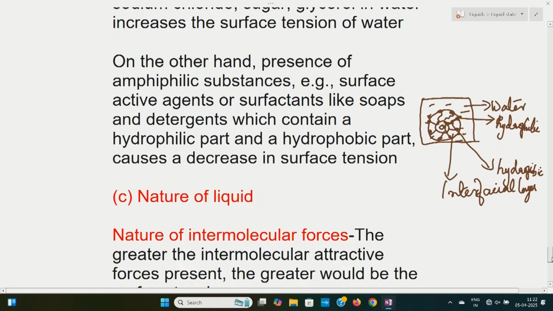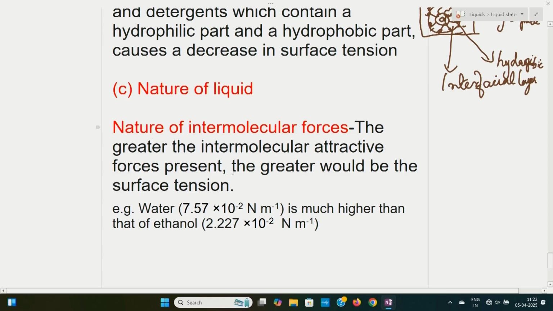The third factor is nature of liquid. That means if the molecules have strong intermolecular attraction, then the surface tension will be high. If the molecule has less intermolecular attraction, then the surface tension will be less.